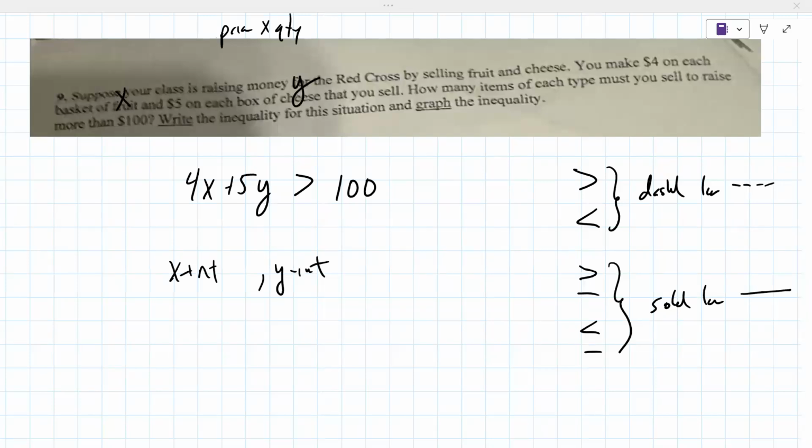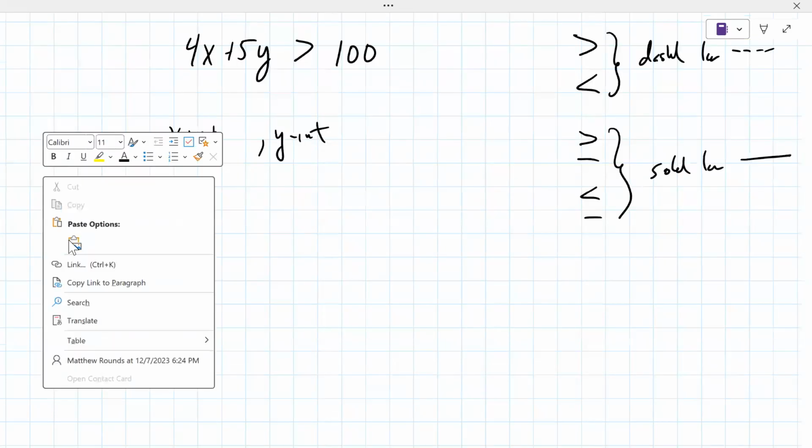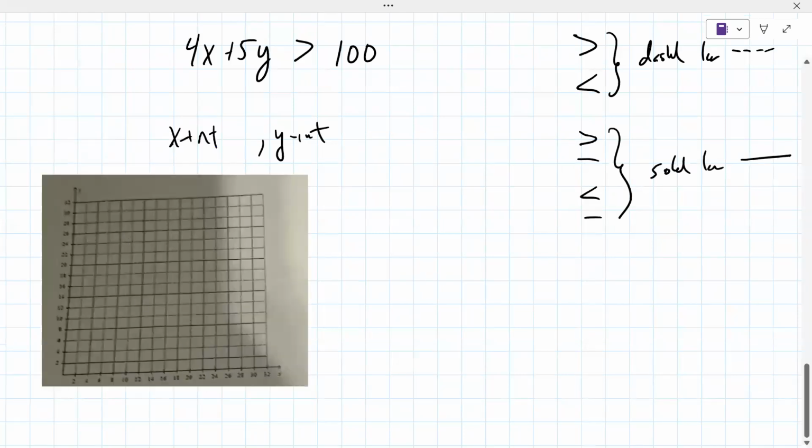The x-intercept is 25. The y-intercept is 20. And then just a dashed line, and then shade that in.